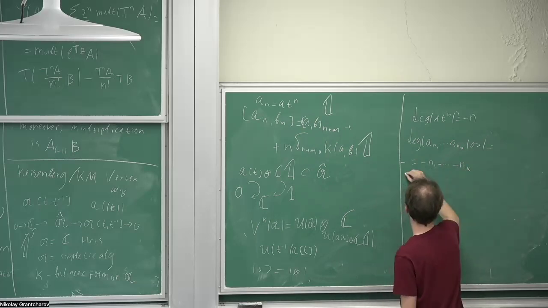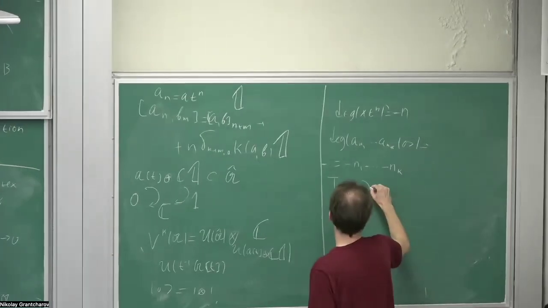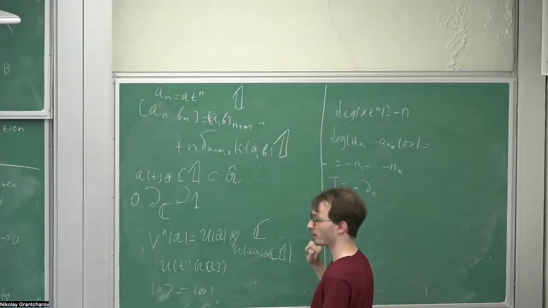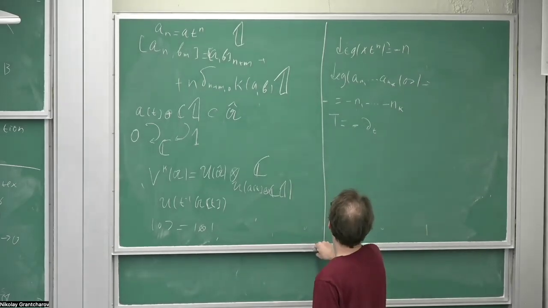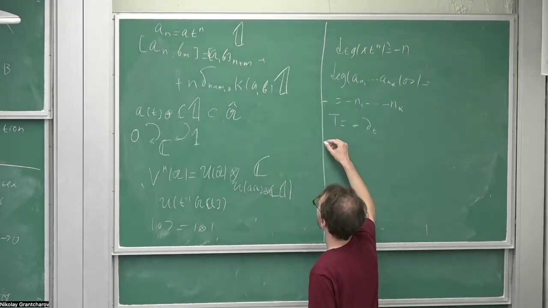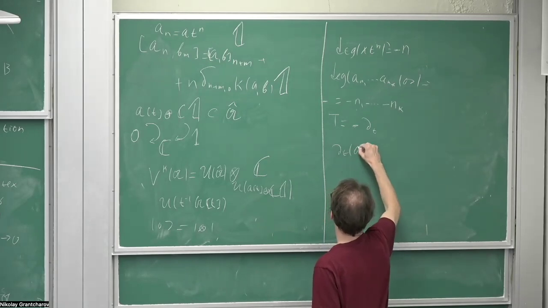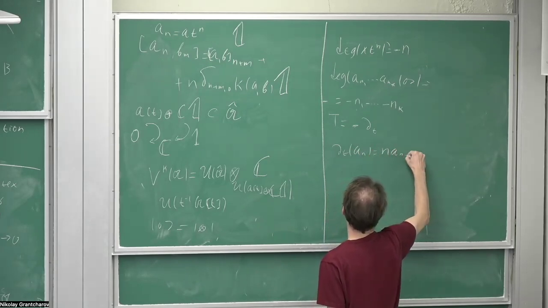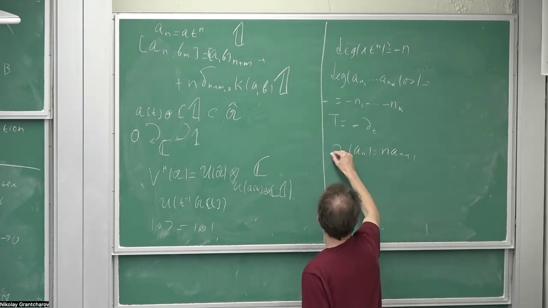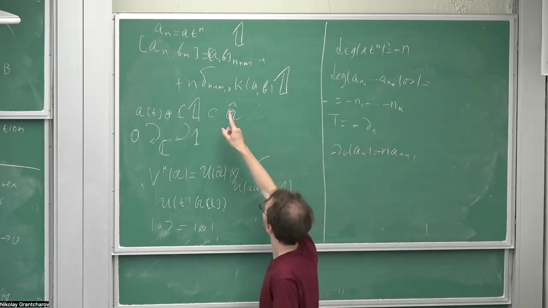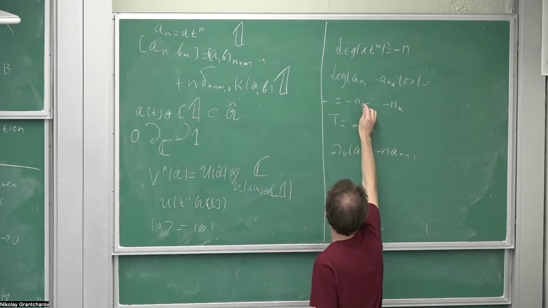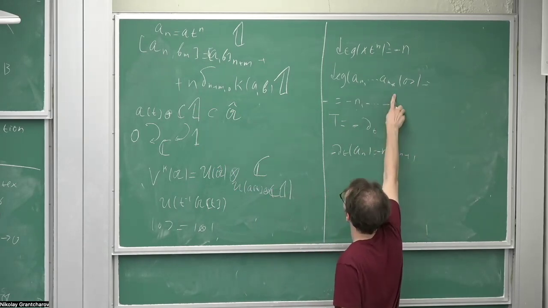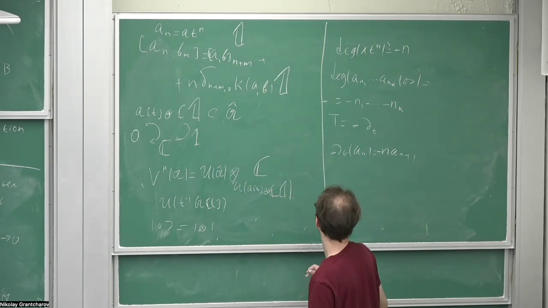And T is minus d/dt, which is also well defined. It will give us something well defined on this vector space.